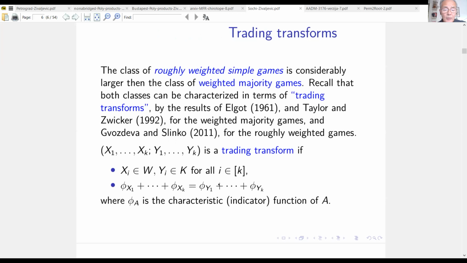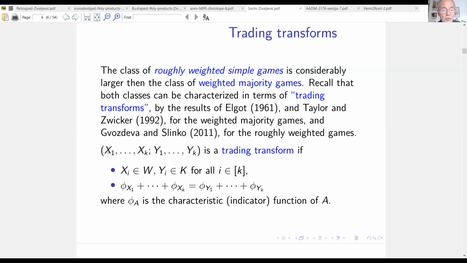And here I will mention one of the central objects related to simple games. It is called a trading transform. So a trading transform is a very important thing, so let me very carefully review what it is.